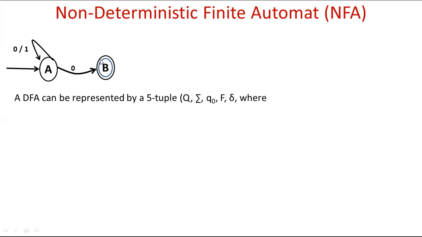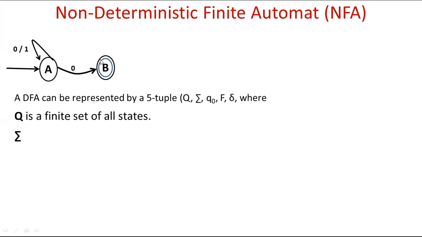So now let us try to give the formal definition like DFA. It also has the 5 tuples which are Q, sigma, Q naught, F and delta. So using these 5 tuples, we can define the NFA. Now let us see what are these 5 tuples. They are all just similar to your deterministic finite automata DFA. First, Q is the set of all states.